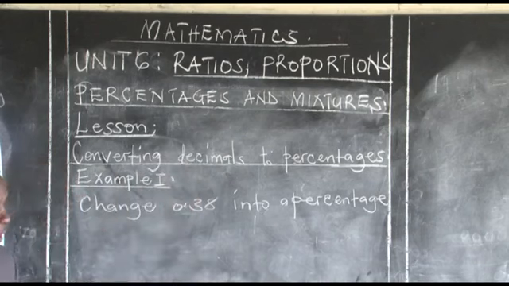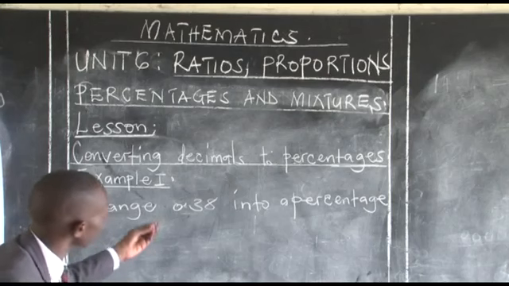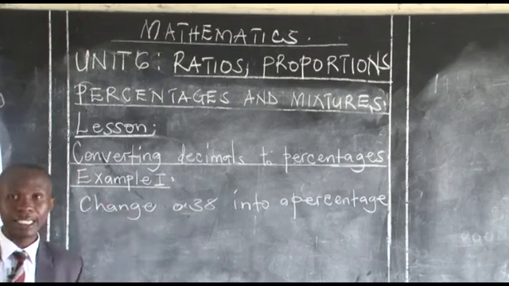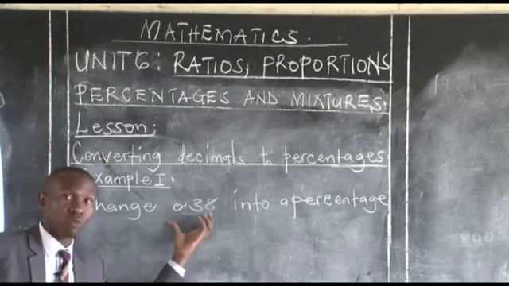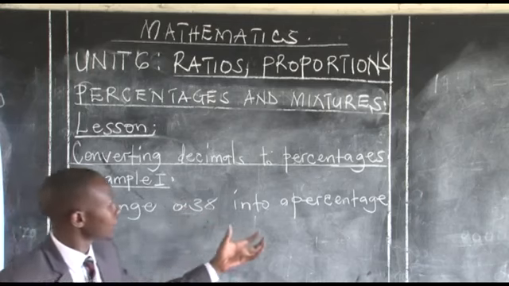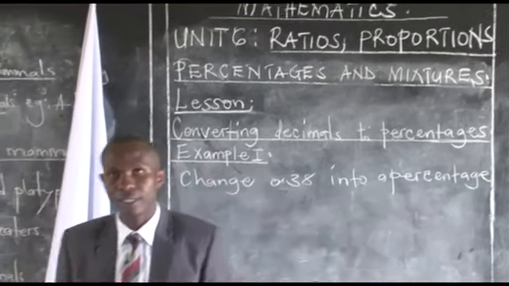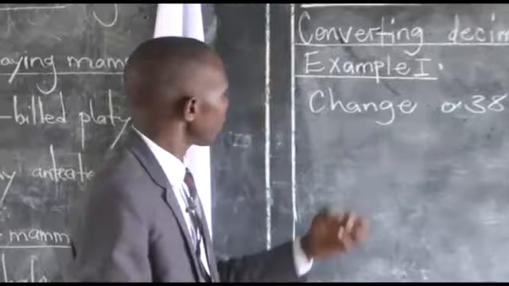Well, when we look at our number, it says change 0.38 into a percentage. Here we have a decimal number, and they want us to change a decimal number into a percentage. Here it is as simple as this.